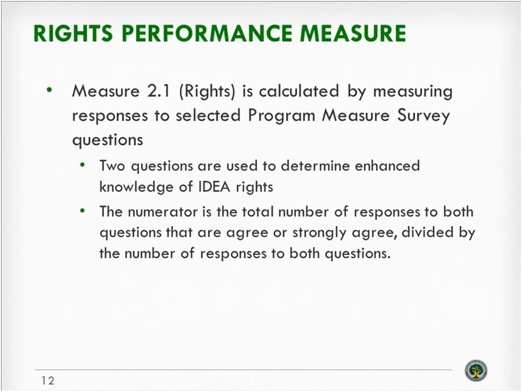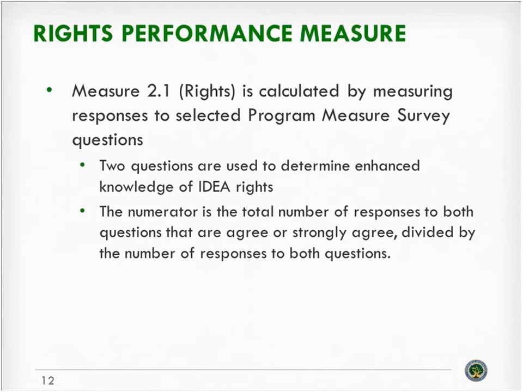For the long-term measures about parents' understanding of IDEA rights and responsibilities, the measure is calculated from responses to 2 questions. The first question is, the information or support you received from the Parent Center met your needs? And the second question is, you are able to understand the information you received from the Parent Center.